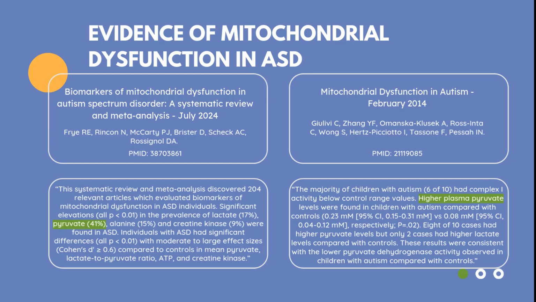It will kind of hang out in the blood. We'll find it in the urine, and it'll be found in higher levels, as they've discovered in many of their papers. Here's an example of a paper on the right from 2014. Again, the majority of children with autism had higher plasma pyruvate levels than the controls. And we find this in multiple papers.